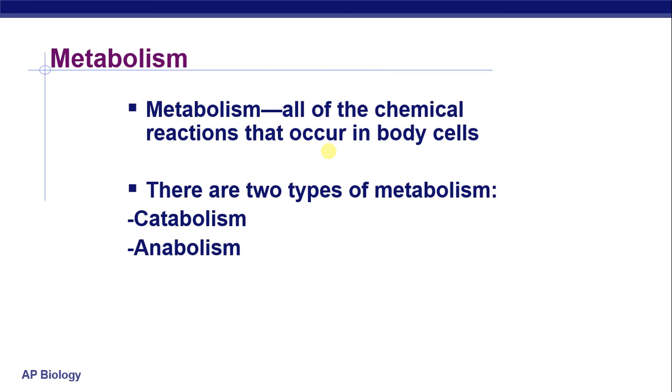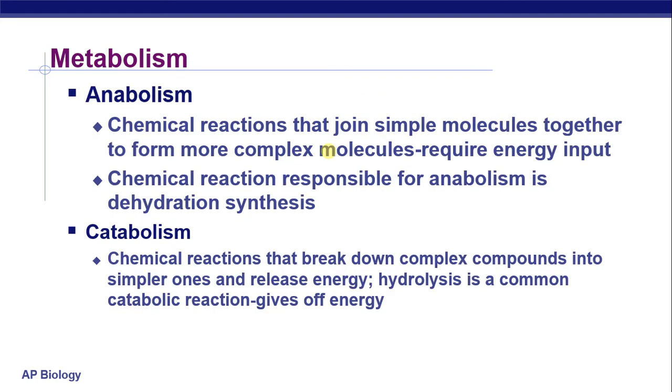Next, I just want to mention briefly about metabolism. All of the chemical reactions that occur in your body, we kind of chuck under the name metabolism. There are kind of two types of those chemical reactions. There's catabolic or catabolism and anabolic or anabolism. Those are the two types of metabolism. In anabolism, these are the chemical reactions that join simple molecules together to form bigger, more complex molecules.